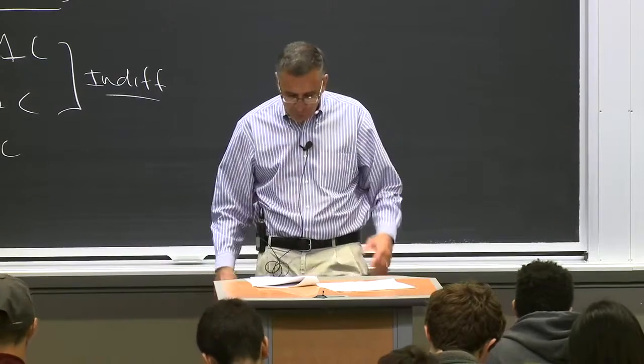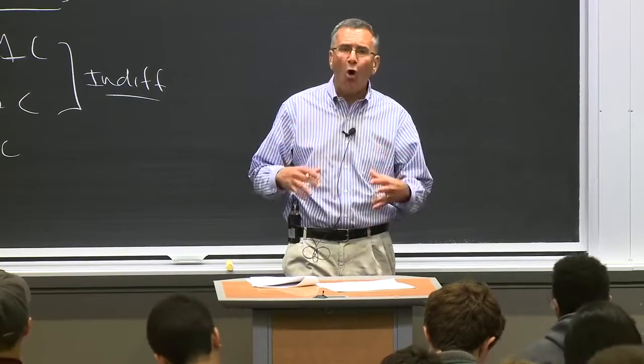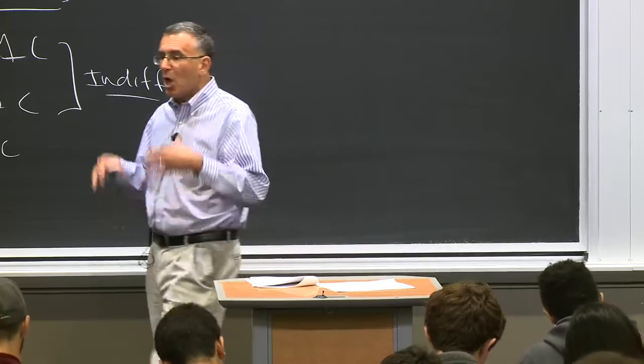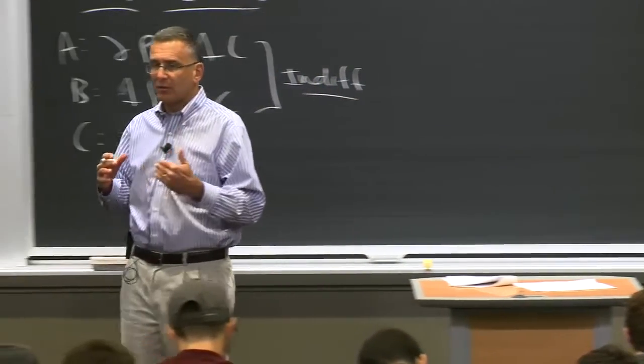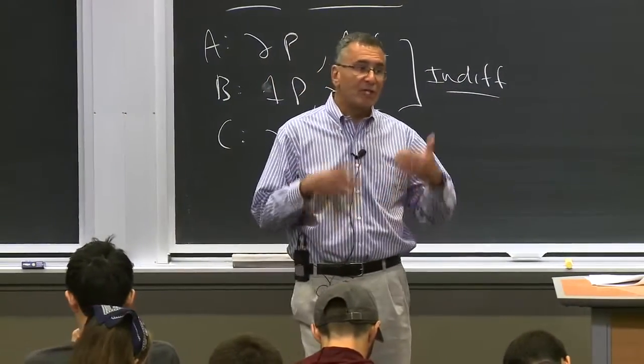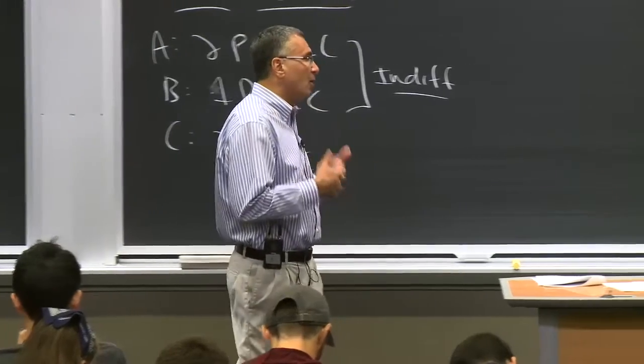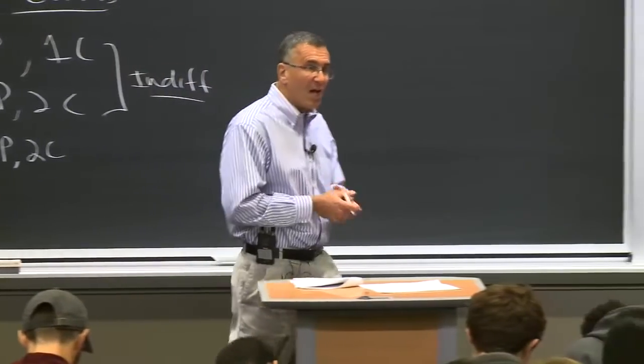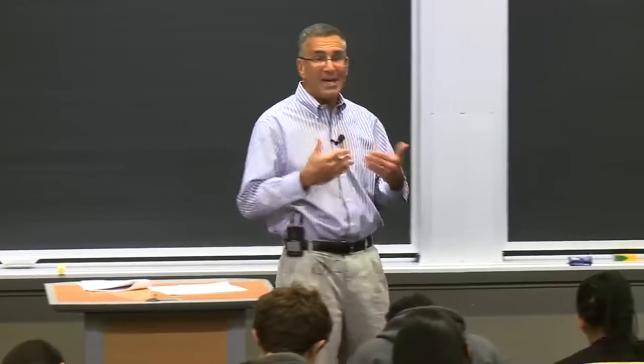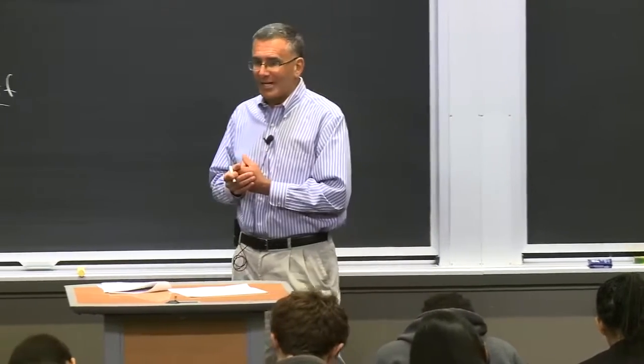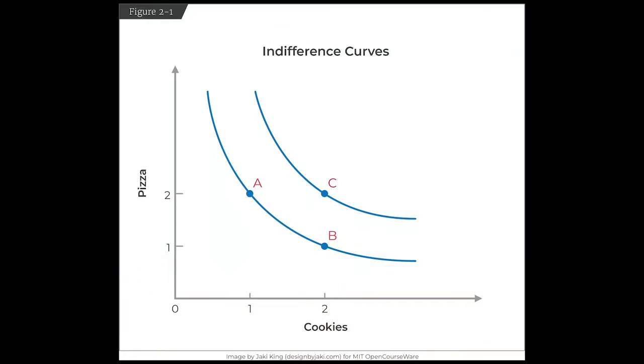So an indifference curve represents all combinations of consumption among which you are indifferent. That's why we call it an indifference curve. An indifference curve, which will be one of the big workhorses of this course, represents all combinations along which you are indifferent. You are indifferent between A and B, therefore they lie on the same curve. So that's our preference map, our indifference curves.